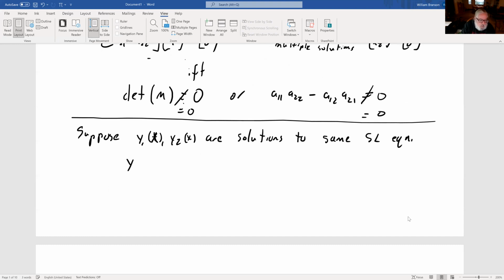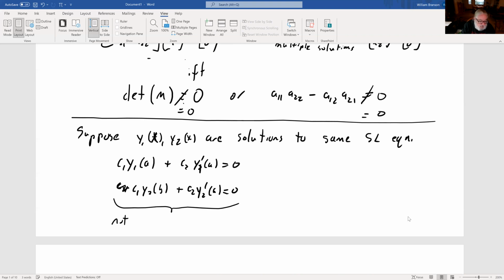Well, they tell us that C1 y1 of A plus C2 y2 of A equals 0, and C1 y1 prime of A plus C2 y2 prime of A both equal 0. And what we actually know is that C1 and C2 are not both 0. At least one of them is non-zero.